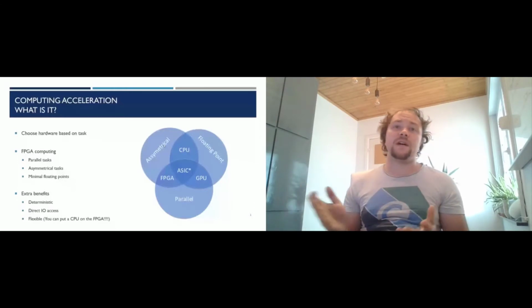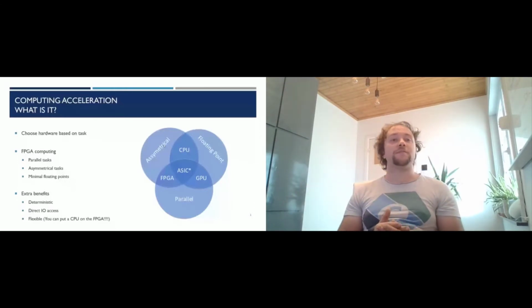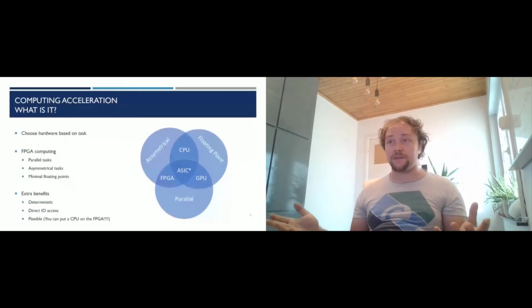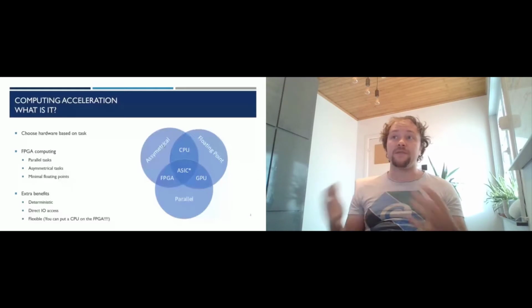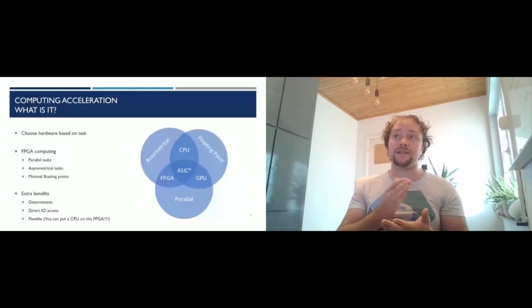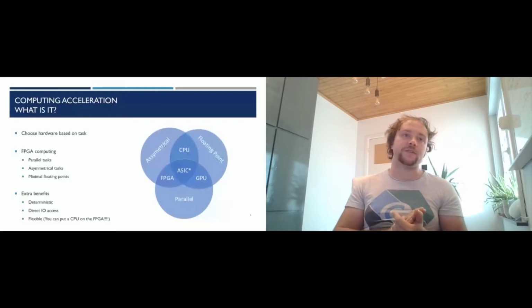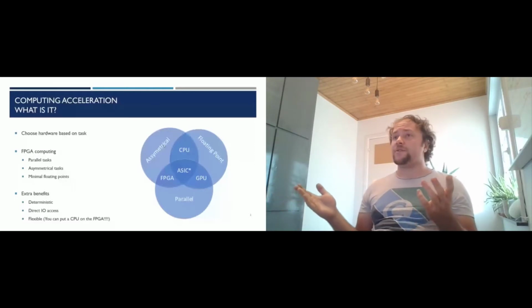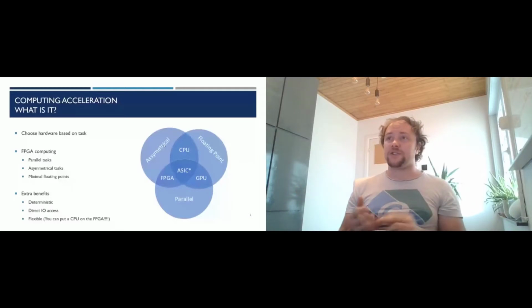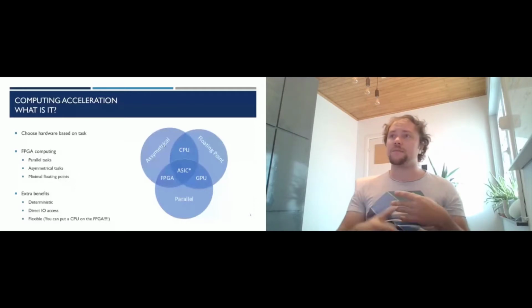Some of the extra benefits of FPGAs are that they're deterministic. Like already said in chat, they can give you a result within nanoseconds, or at least consistently give it to you at certain time intervals. Also, most FPGAs allow for direct I/O access, which can be useful, especially when you have sensors to interface or outputs to interface to.